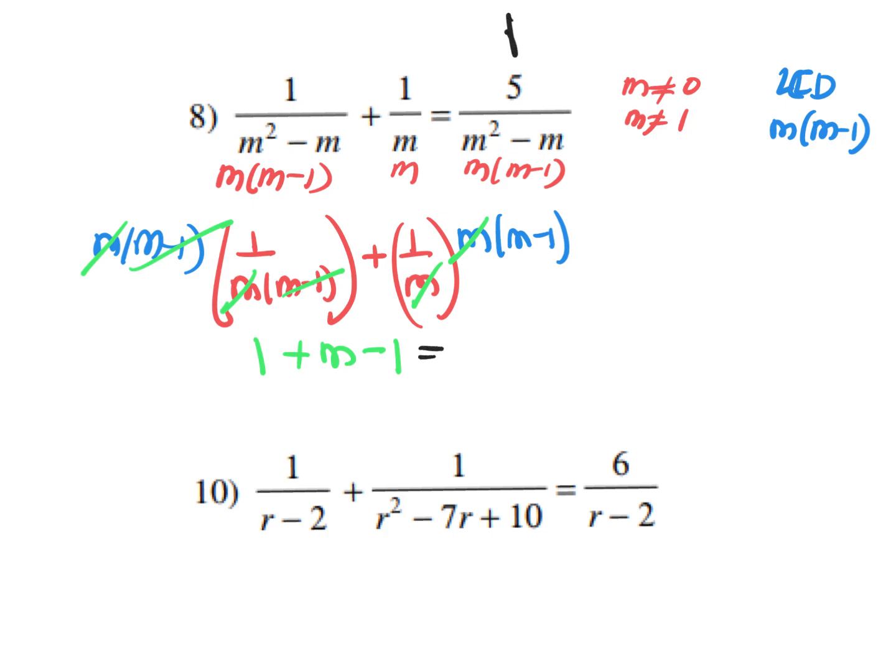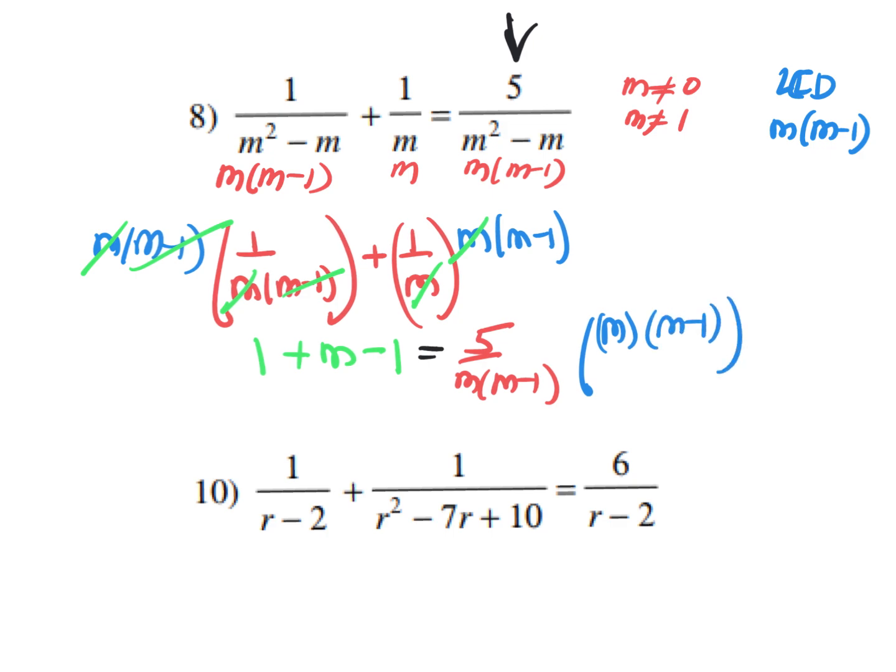I'm going to take this expression over here, and I'm going to multiply that fraction, 5 over m times m minus 1, by its lowest common denominator, which would be m times m minus 1.